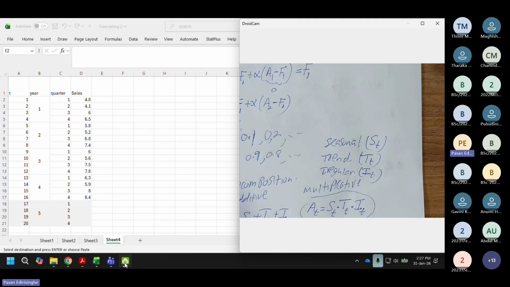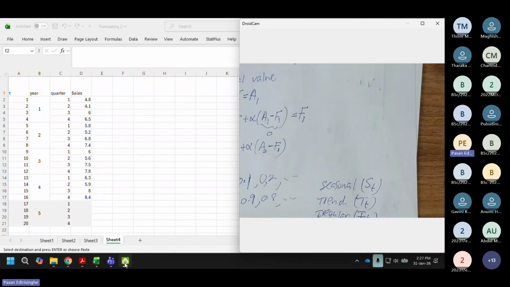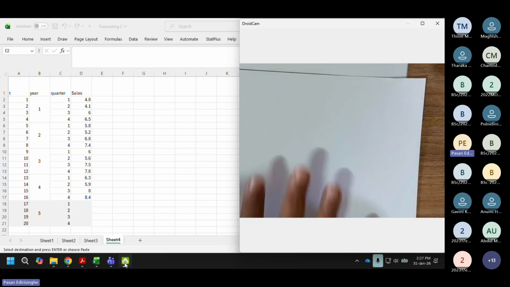Usually for this decomposition people use the moving average concept, but of course you can use both. So initially let me go for the moving average concept.